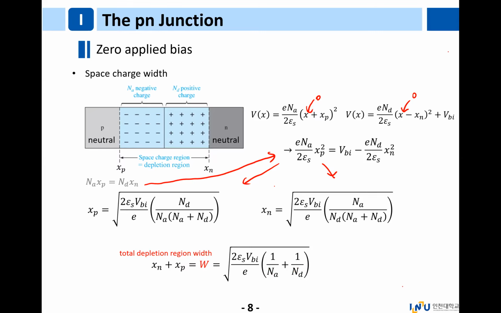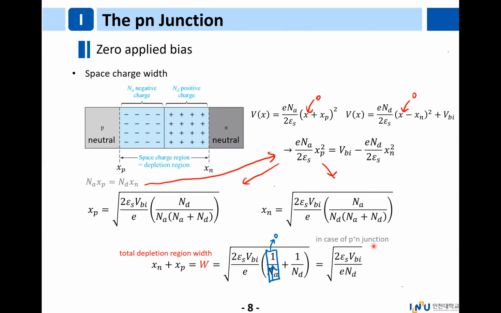Since Na is very large, this term is going to be 0, right? This term converges to almost 0. Therefore, the expression for the depletion region width is as follows here in the case of a P plus N junction.